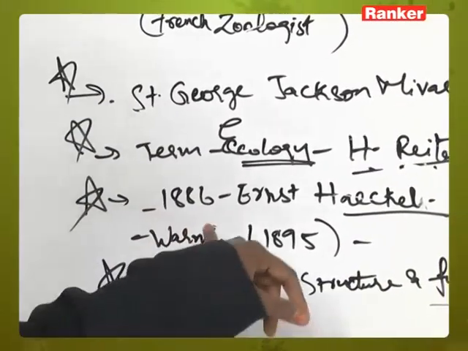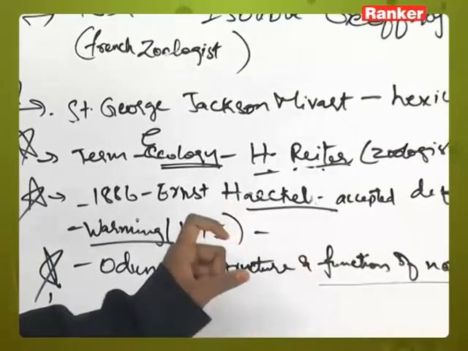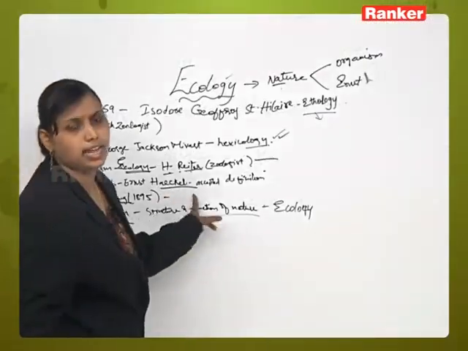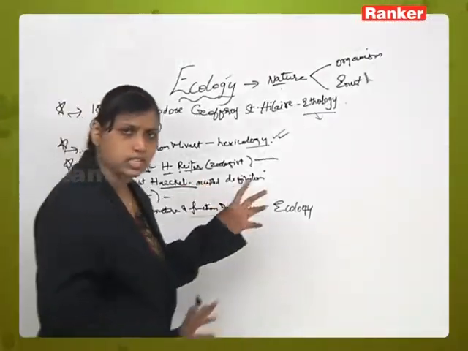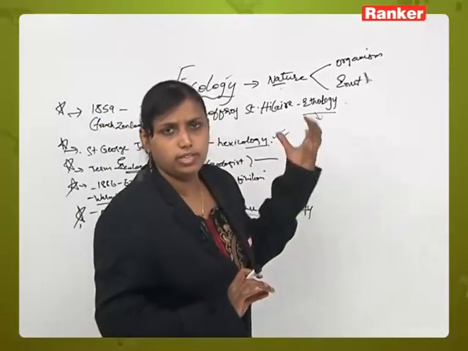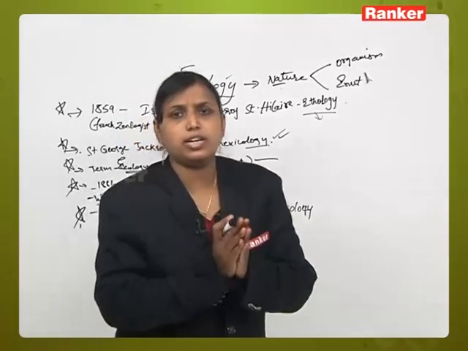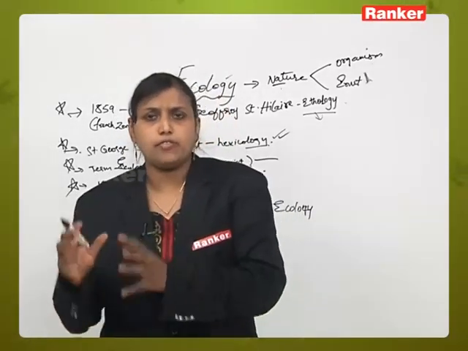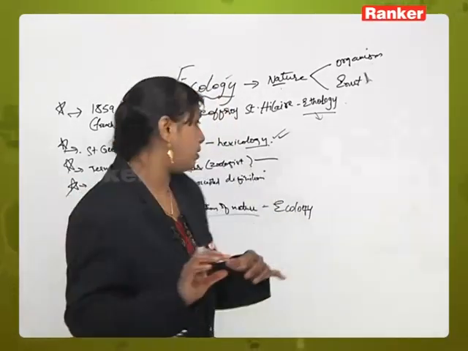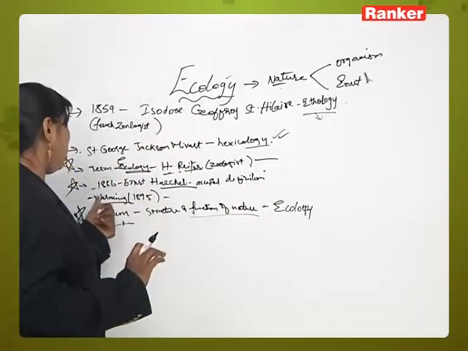Next, in the year 1886, Ernest Haeckel was an ecologist who accepted the definition of ecology. He said yes, whatever people are saying, ecology is a branch of biology which deals with organisms, their structure and function, and their relationship with the particular environment they live in.